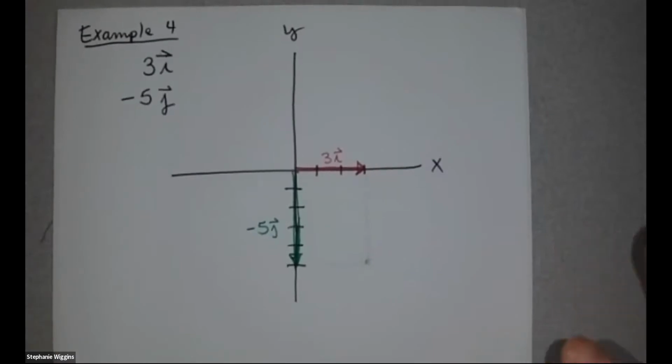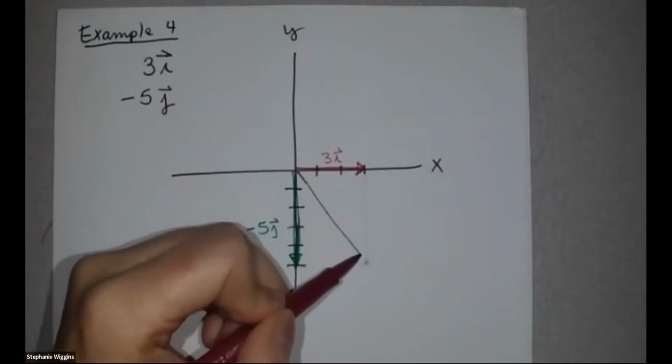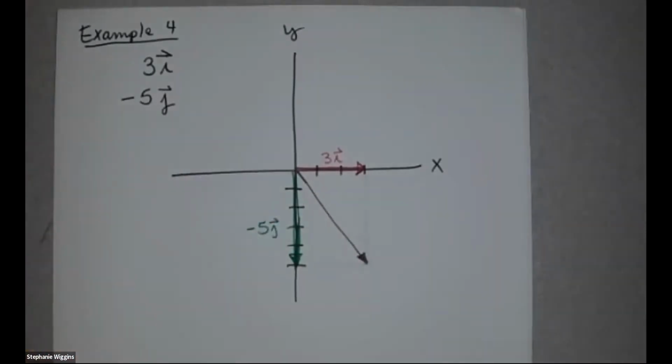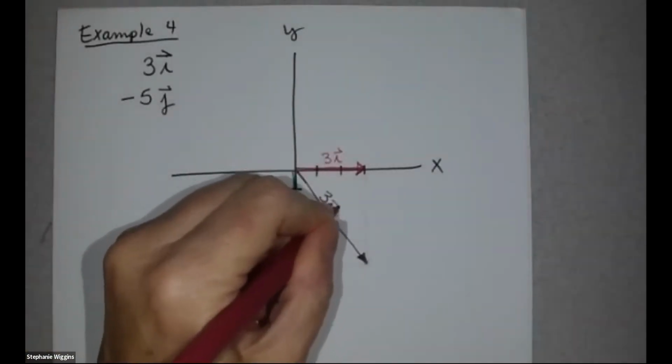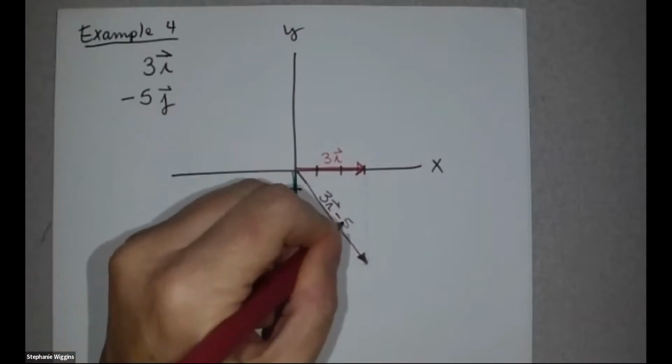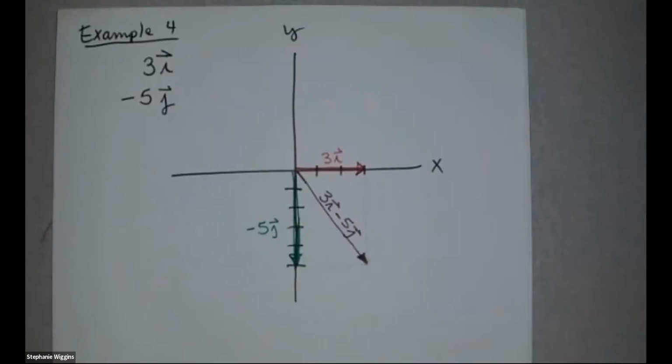Well, I thought I had my purple marker, but I don't. So I'm going to use this one. This vector is actually 3i plus -5j, or if you will, 3i minus 5j.